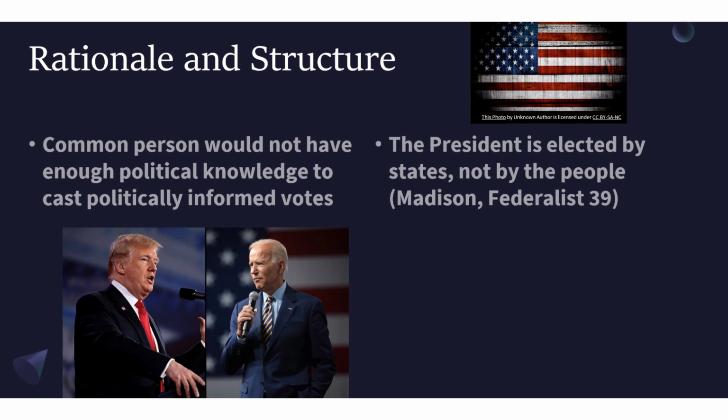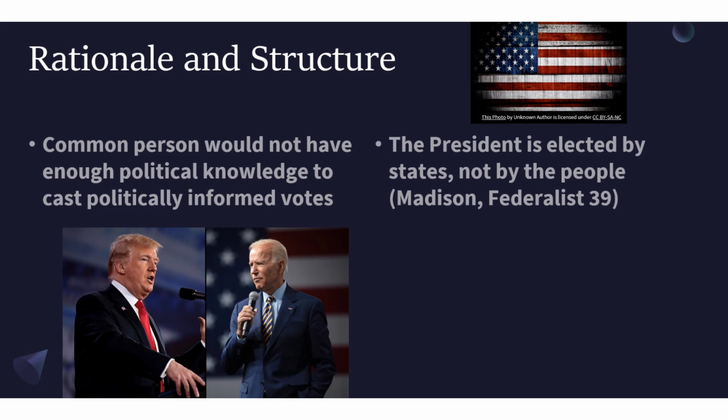And I know that people in the United States today don't really see it that way, because I think there's a misunderstanding. But if you take a look at the actual wording of the Constitution, and if you look at what Madison had to say, who's the chief architect of the Constitution and was right there when this Electoral College institution was debated in 1787, he writes just a few months later that we need to be looking at the election of the president as an election by the states.